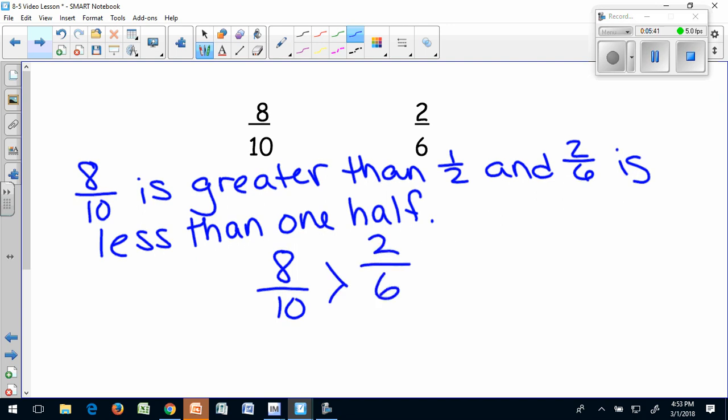You should have that 8/10 is larger or greater than 2/6 because 8/10 is greater than 1/2 and 2/6 is less than 1/2. I know that 1/2, if I do it in tenths, is 5/10. And if I do 1/2 equivalent to 6, I know it will be 3/6. And those are the benchmarks that help me.